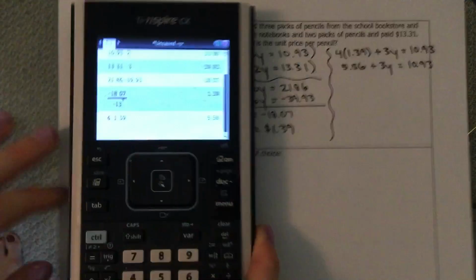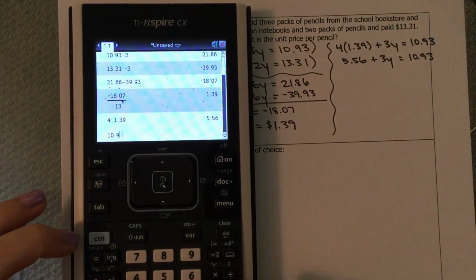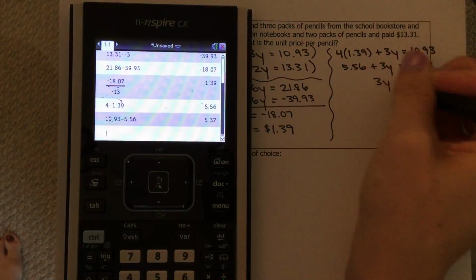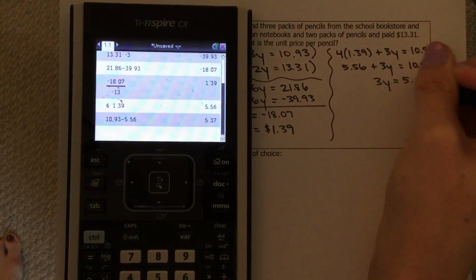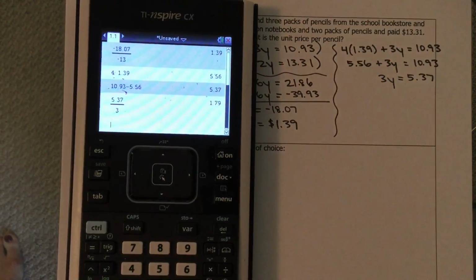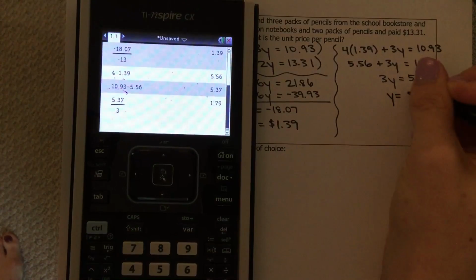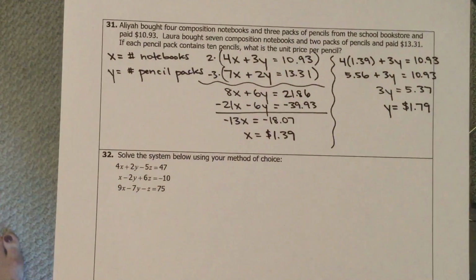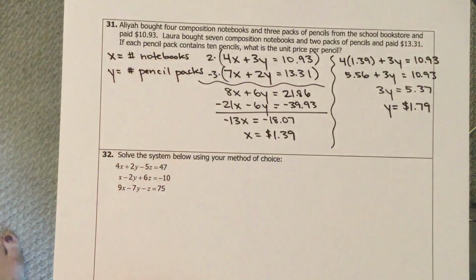When you subtract the 5.56, we have 10.93 minus 5.56. That's what gets your 3y by itself. So we have $5.37. Then divide both sides of the equation by 3. So we end up with y equals $1.79. Okay, so $1.79 is the price of the entire pencil pack.